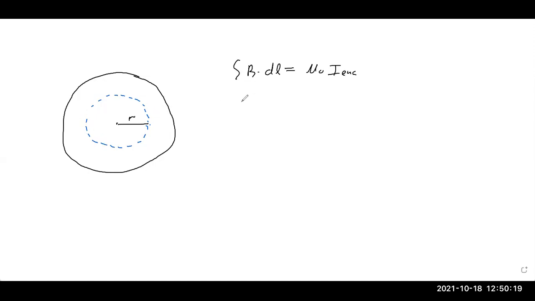So the B.dl part is the easier part this time around. It's going to be the magnetic field times 2 pi r. So due to the symmetry and uniform distance from the center, the magnetic field should be the same. And if the current is coming towards us, going around with the right-hand rule. And for the current, it's a little bit trickier. So we just need to integrate the current density over the area.